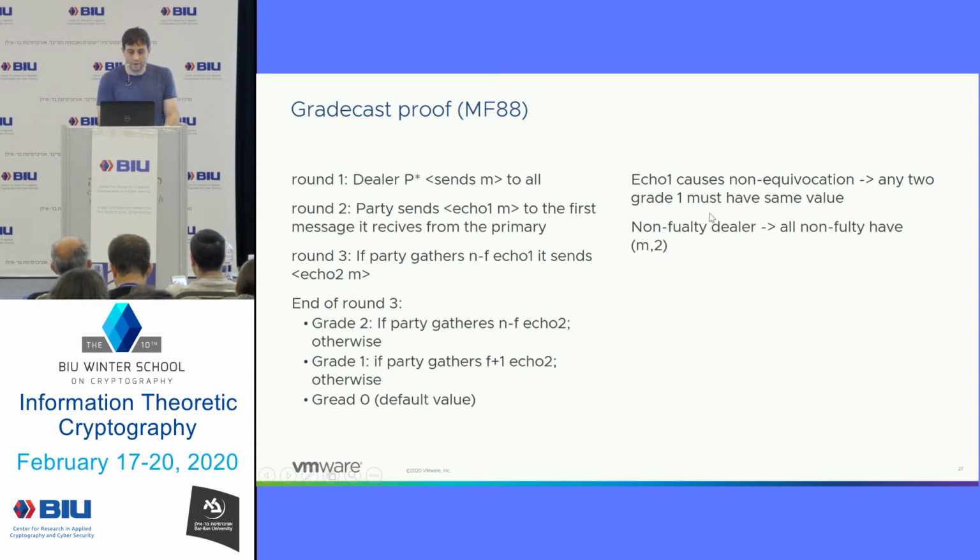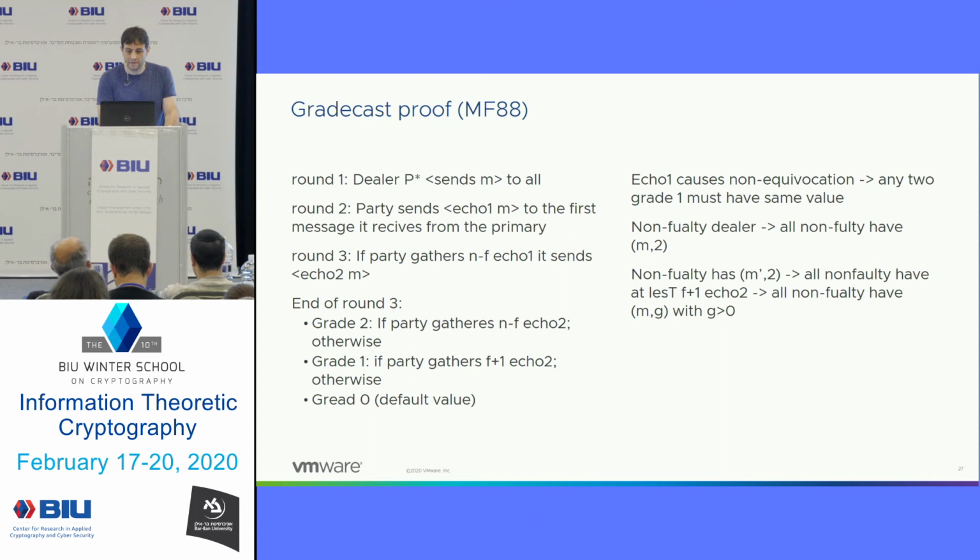If the dealer is non-faulty, it's clear that everybody will receive n minus f echo 2s. Because all the non-faulty will receive the dealer message, will send echo 1, and then all the non-faulty will receive n minus f echo 1s and send echo 2. All non-faulty will see n minus f echo 2s. So again, this is an easy property.